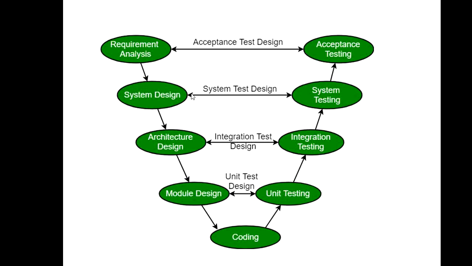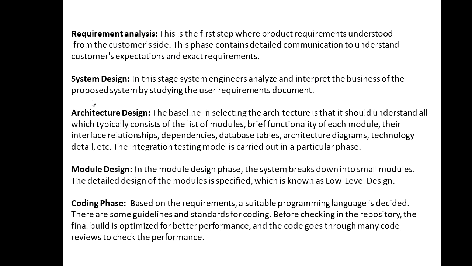During system design, system testing will be done. During architecture design, integration testing will be done. During module design, unit testing will be done, and coding is the center part of it. We will go through each of them in the coming slides.